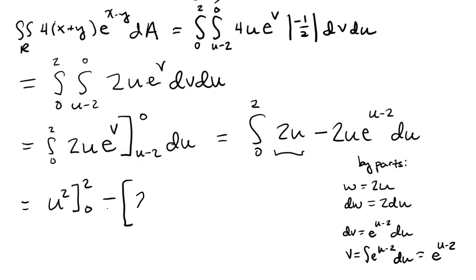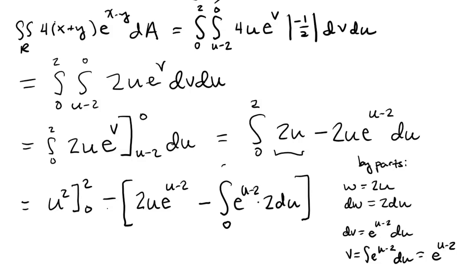So w is 2u times v is e to the u minus 2. And then we'll have minus the integral of v, which is e to the u minus 2, dw in this case, which is times 2 du. And the bounds are still there, so this is 0 to 2, and then this one also will be evaluated from 0 to 2.